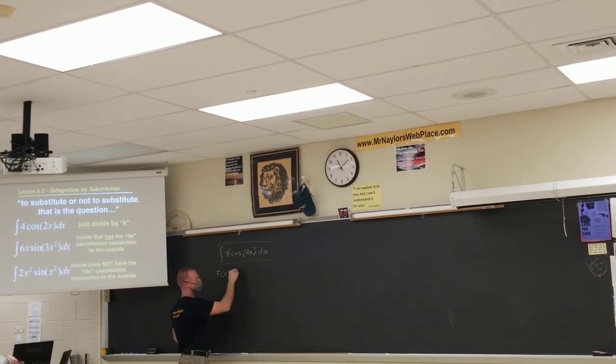The rule is that the coefficient comes along, so we have a 4. Cosine turns into sine. Now, you still have 2x, but you have to divide by k. You have to divide by 2. So we end up with 4 sine of 2x divided by 2, otherwise known as 2 sine of 2x plus c.